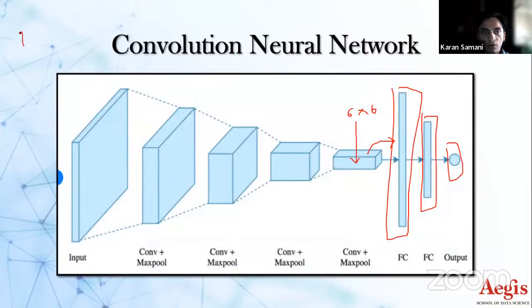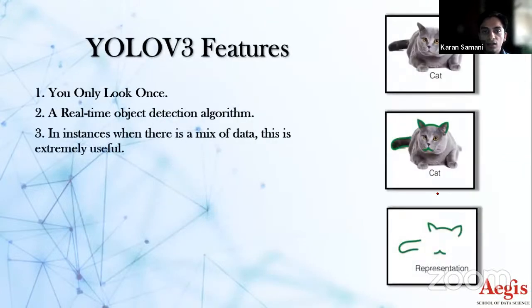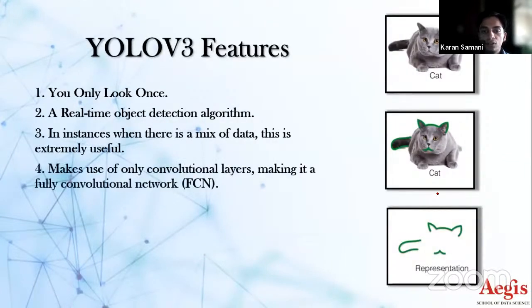If you talk about faster RCNN or RCNN, this is how the structure looks, wherein we have a fully connected layer at the end to predict the outputs. But in terms of YOLO, we don't need that. It is constructed of fully convolution layers. It does not have a fully connected layer or any other kind of layers. Everything is happening on the convolution layers themselves.